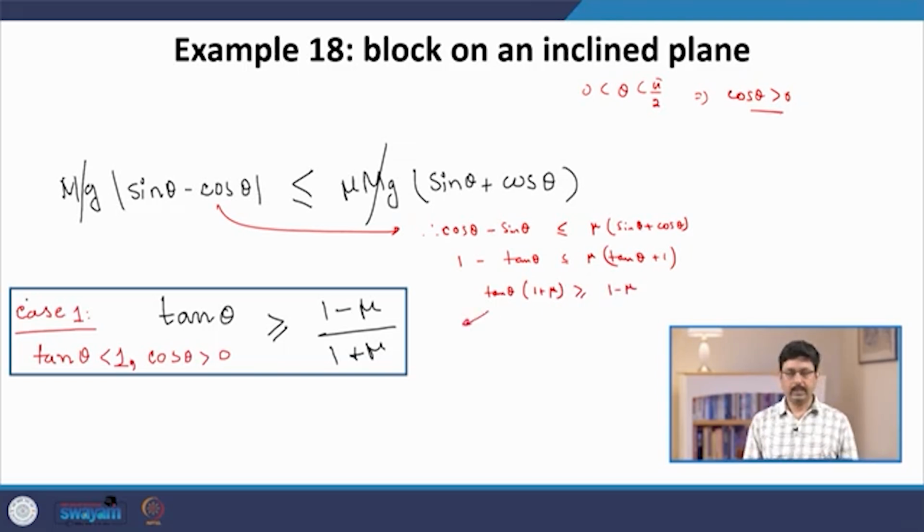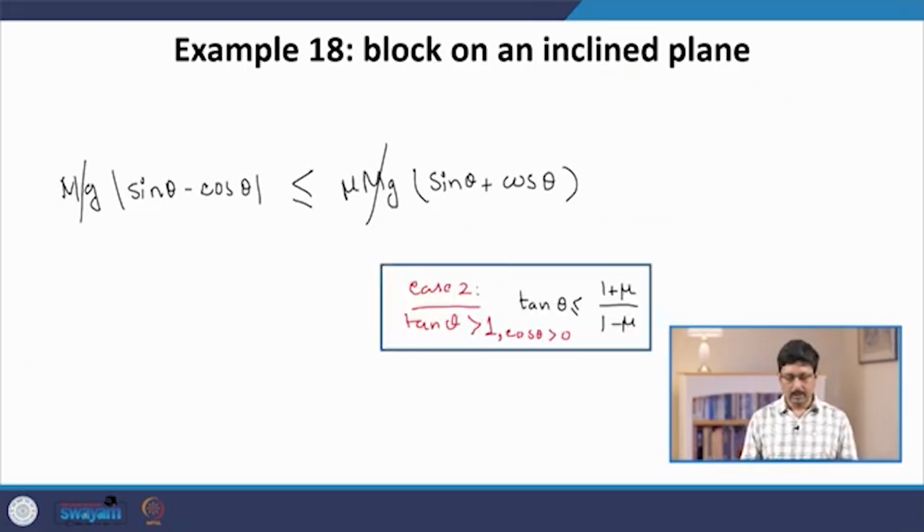Hence, tan theta must be greater than or equal to the ratio 1 minus mu divided by 1 plus mu. Similarly, in the other case, when tan theta is greater than 1, in the same way you can show that tan theta must be less than or equal to another ratio, 1 plus mu divided by 1 minus mu, which happens to be the inverse of the previous ratio. These are equivalent to Coulomb's law that F is less than or equal to mu times n.